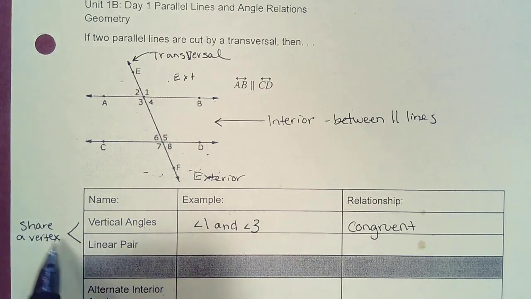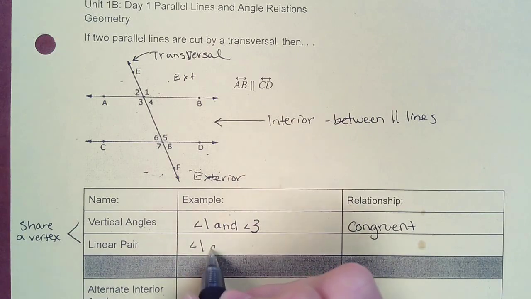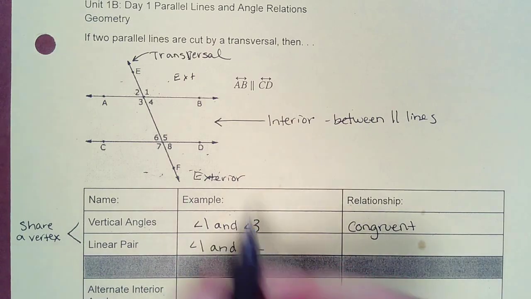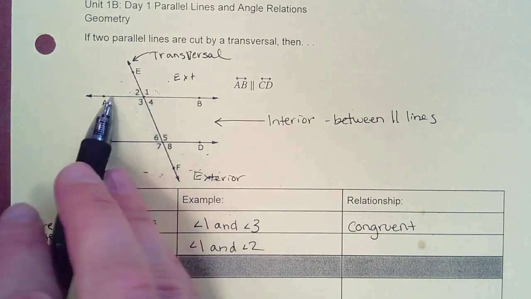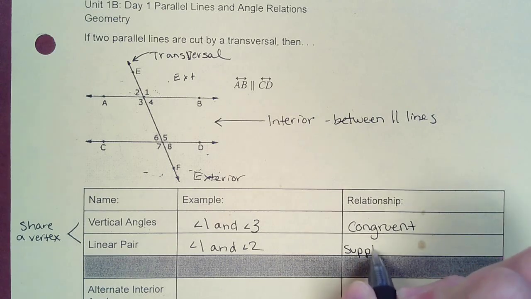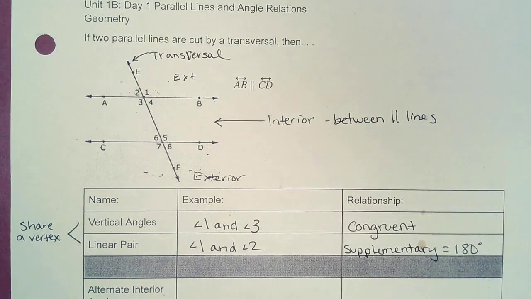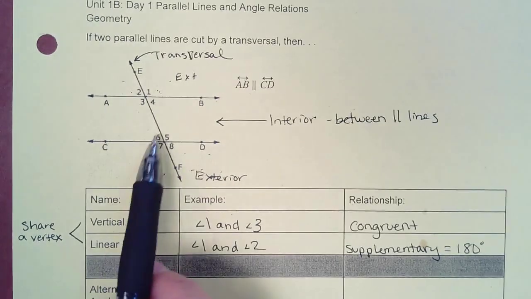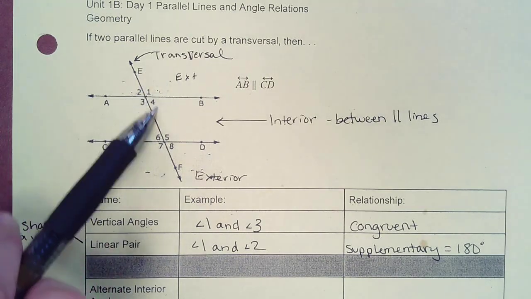Next thing, sharing a vertex would be these linear pairs. So angle 1 and angle 2 would be called linear pairs. There's a pair of angles that are on the same line. They are supplementary, which means they add up to 180 degrees. Okay, so angle 1 and 2 would be supplementary. Angle 1 and 4 would also be supplementary.